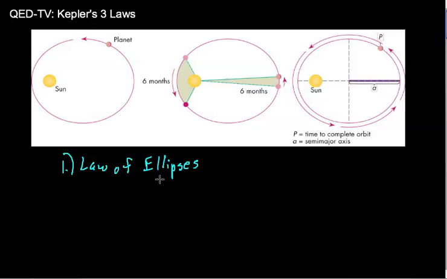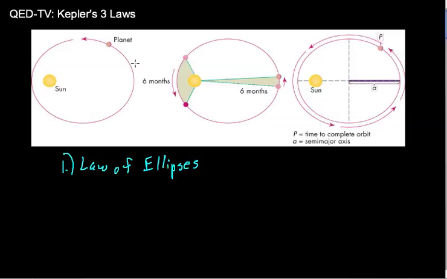Kepler decided that orbits of planets, like the planets around the sun, are not actually circular. They're fairly circular, but they are actually ellipses. The paths of the planets about the sun are elliptical in shape, with the sun being at one focus.